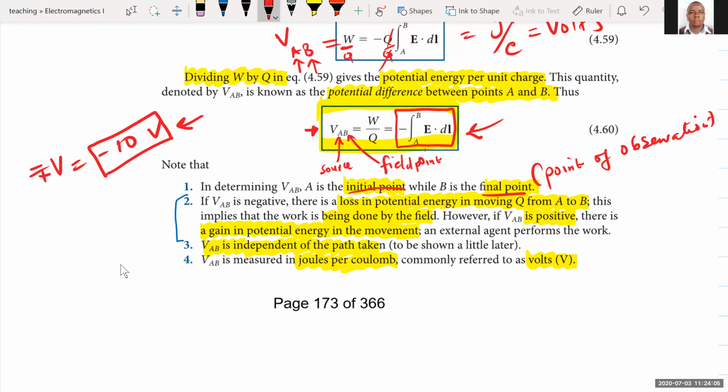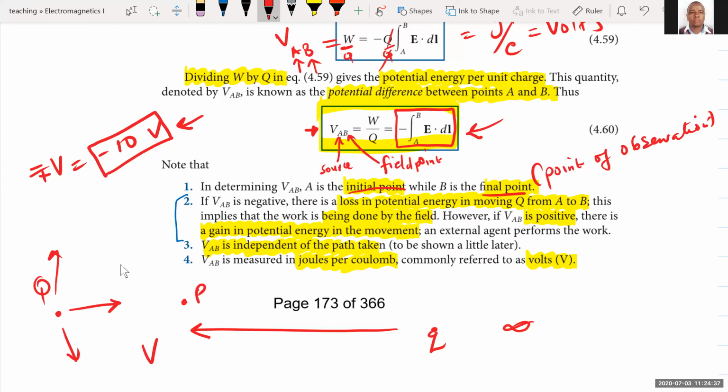Let me just give this example. Assume you have a source point Q there, and it has a field that is directed outwards, and you are moving a test charge Q from infinity, and you are bringing it towards point P. What you'll figure out is that when you calculate the potential at point P, it will be positive, because the work that you have done has created a positive potential.